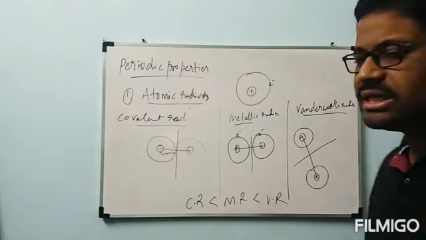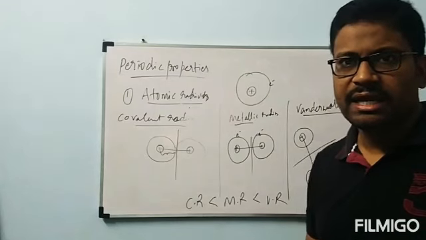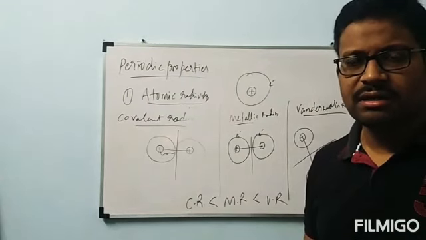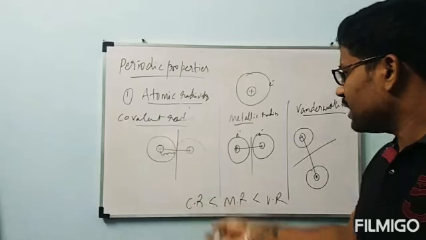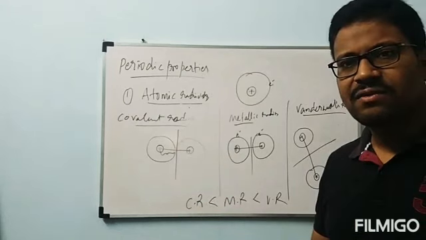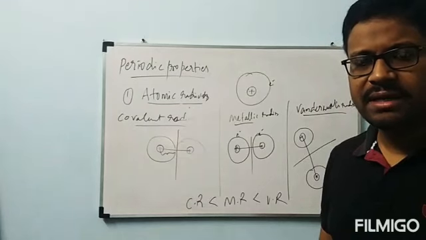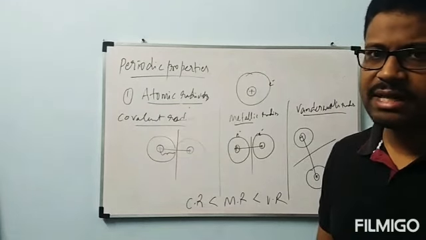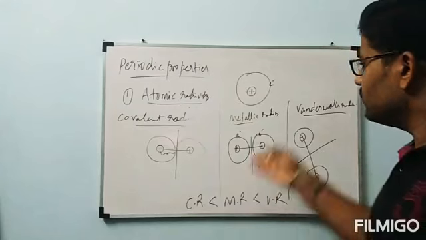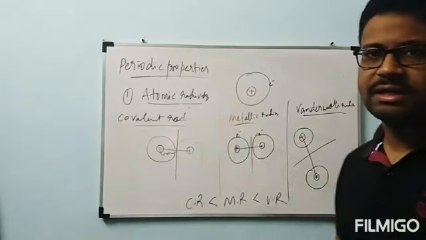Van der Waals radius is majorly considered in inert gases: helium, neon, argon, krypton, xenon, radon. In the remaining elements, they are mostly involved in covalent bonds, or they are present in elementary state. Sodium, magnesium, like that, are metals present in elementary state, so we use metallic radius as well as covalent radius.